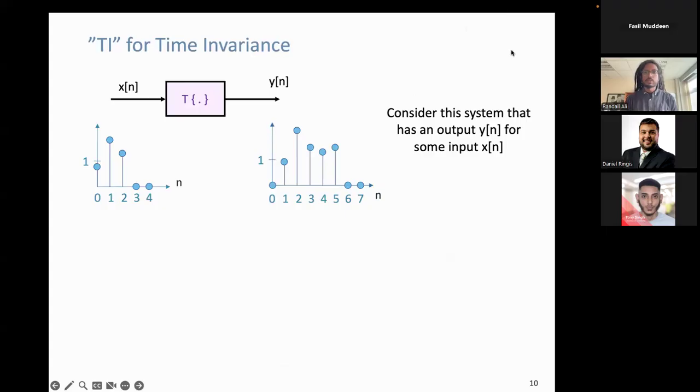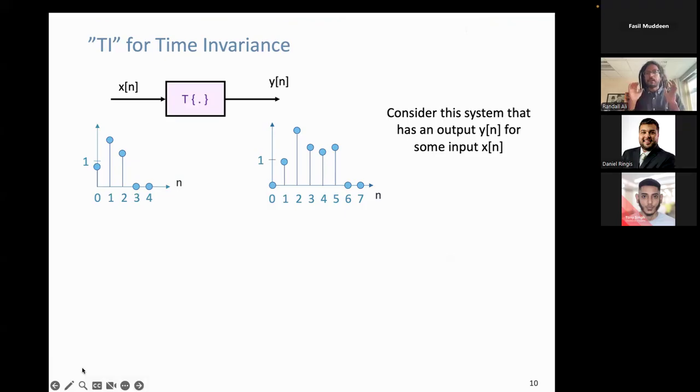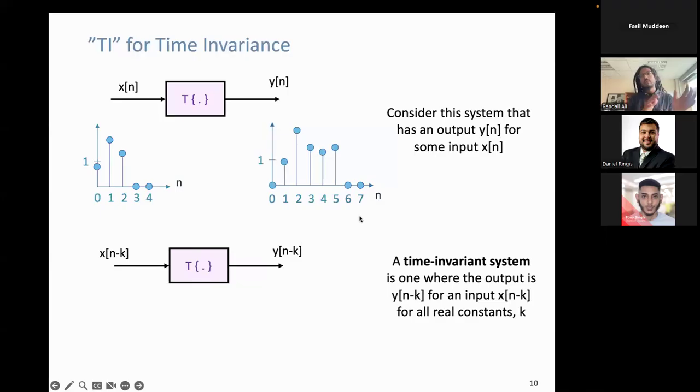So for time invariance, what this means is that you have an input here, x of n, and our output y of n here. And so time invariant is one where no matter if you shift the input at any particular time, the output always remains the same, right?